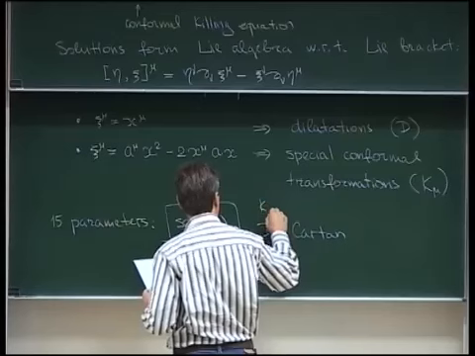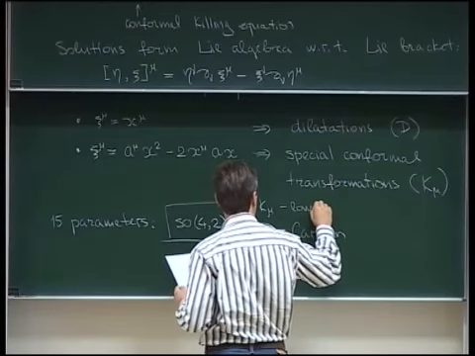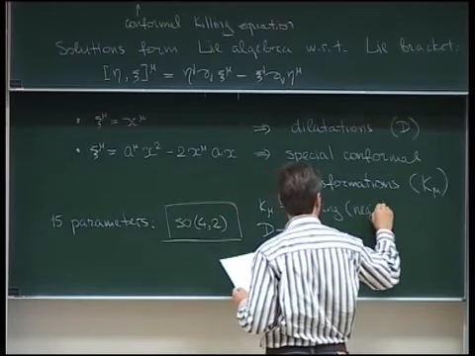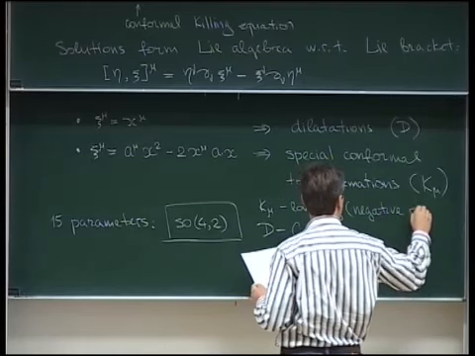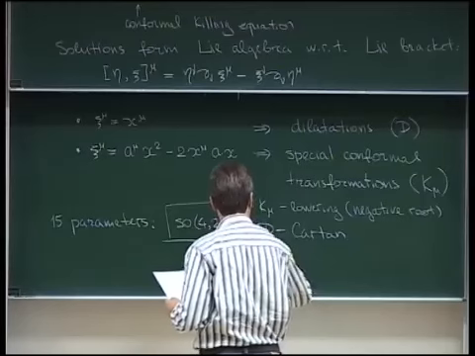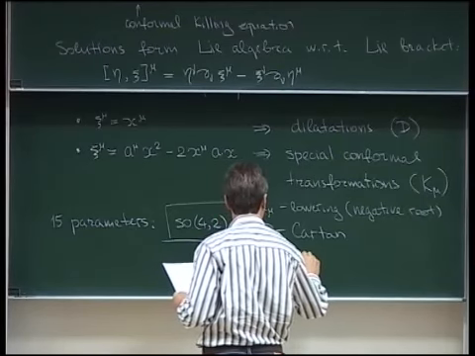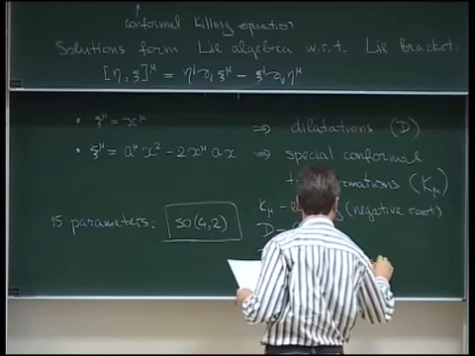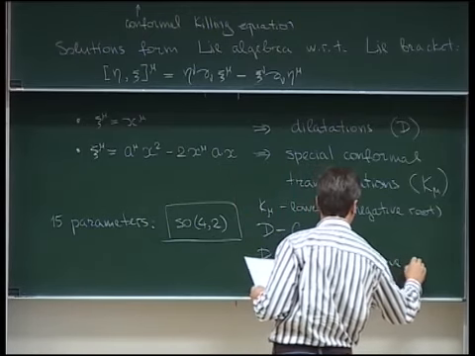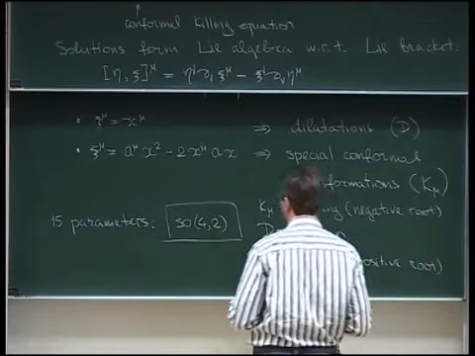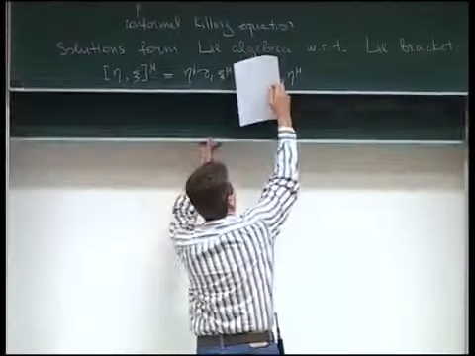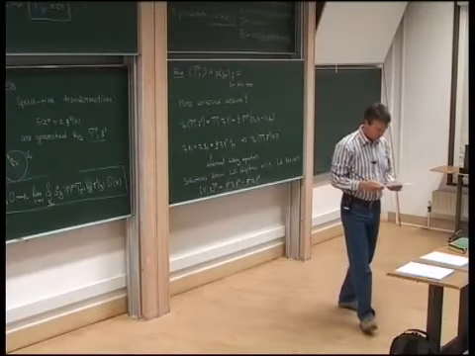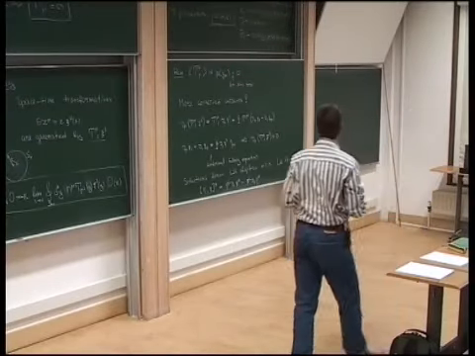K mu is the lowering operator, or negative root, and P mu is the raising operator. And they form the commutation relations of SO(4,2).